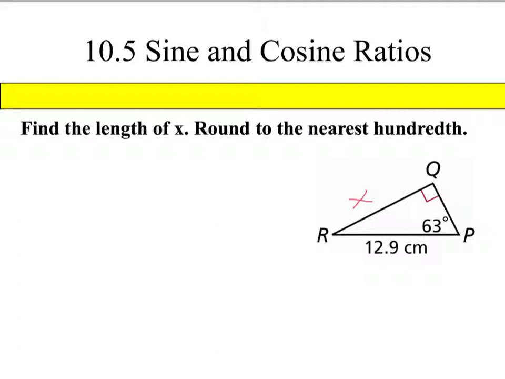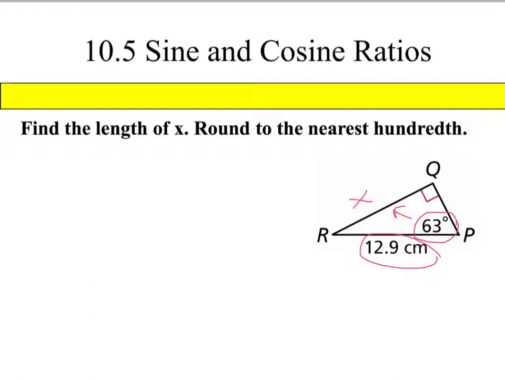The very first thing I need to do is write an equation to figure out what x is. Notice I have this 63-degree angle, so I'm going to use that to find my x. If you look straight across, my opposite side of 63 is x, and 12.9 is my hypotenuse.